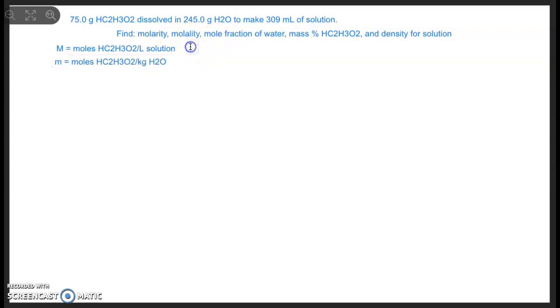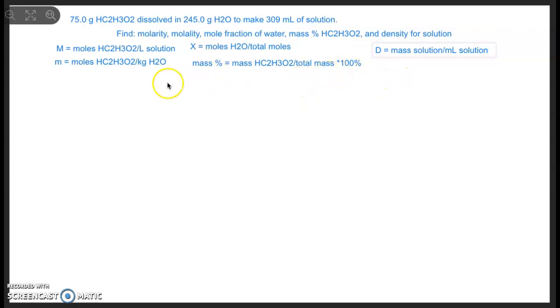Mole fraction is going to be moles of water divided by total moles. Mass percent is going to be the mass of acetic acid divided by total mass times 100%. And density is going to be mass of solution divided by milliliters of solution.